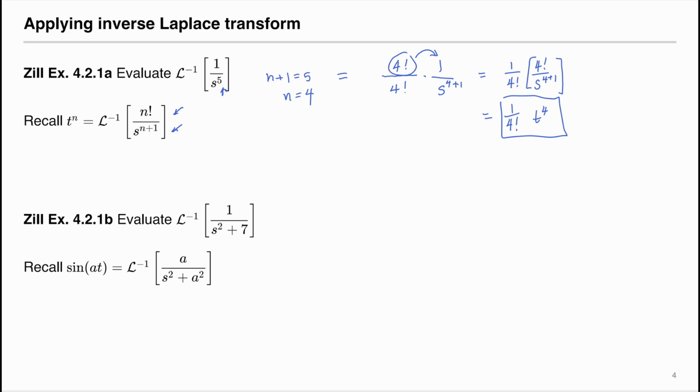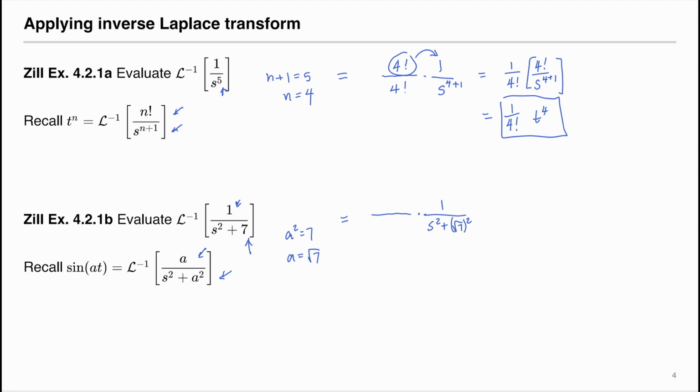Similarly, to evaluate the inverse Laplace transform of 1 over s squared plus 7, we notice that there's an a squared, so a squared equals 7, and a equals square root of 7. In order to get the a at the top, we need to multiply by 1. So I have 1 over s squared plus 7, which is s squared plus square root of 7 squared.